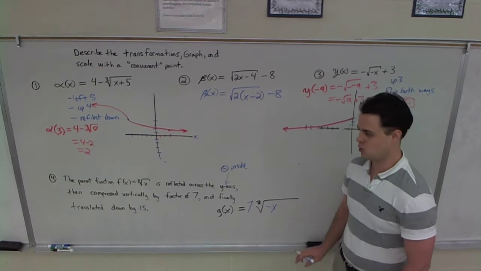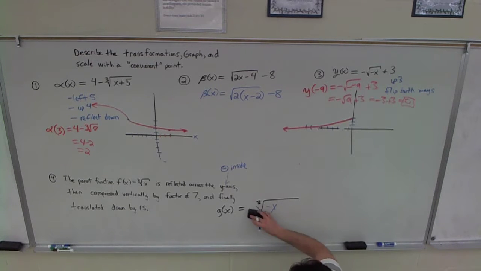That'd be stretching it, so they must have meant this, right? Okay, so that's done, sweet, good to go. Finally translated down by 15, where should that be? Outside, so I guess I can end this cube root and just go minus 15. And we're good to go.